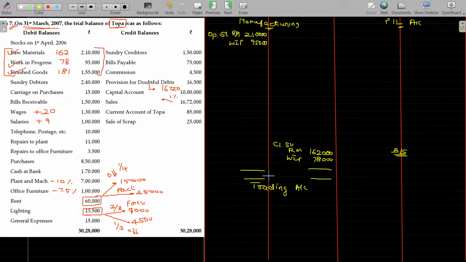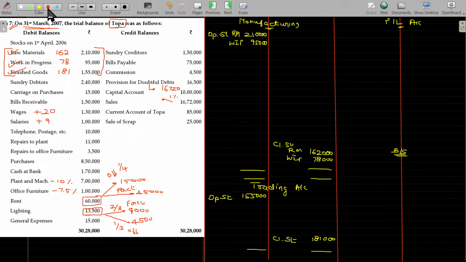Okay. The finished goods will be posted in the trading account. To opening stock, the value being 1,55,000. Closing stock should be 1,81,000.